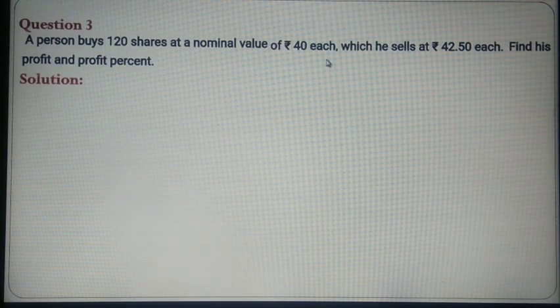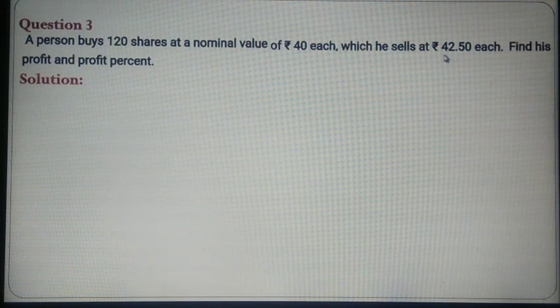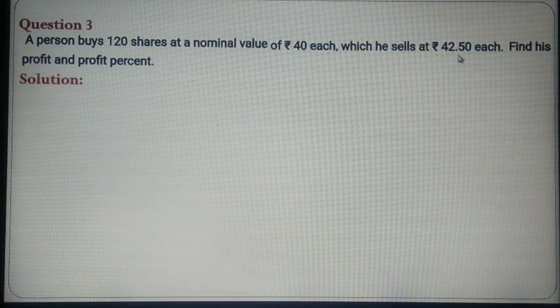A person buys 120 shares at a nominal value of rupees 40 each. That means rupees 40 is the nominal value of one share. Please remember that. And it is said which he sells at rupees 42.50 each. That means this is your market value of one share.